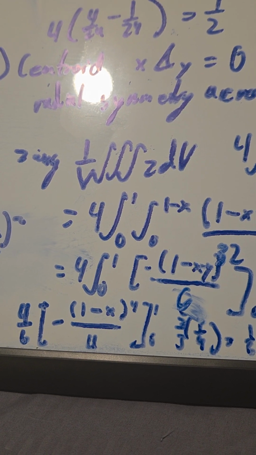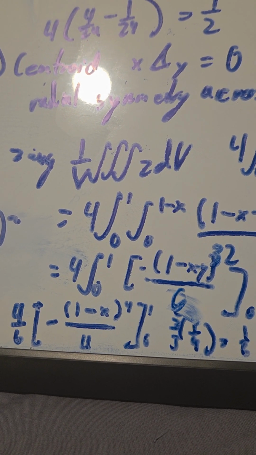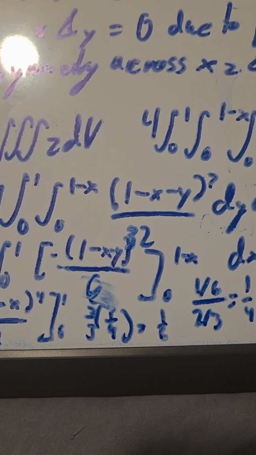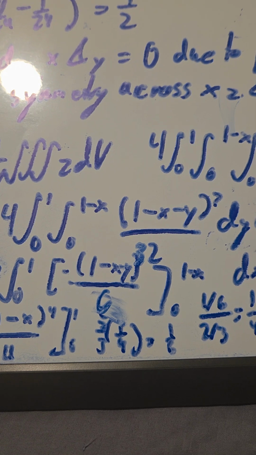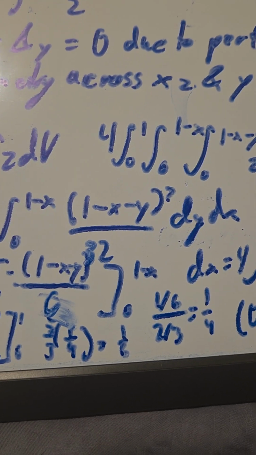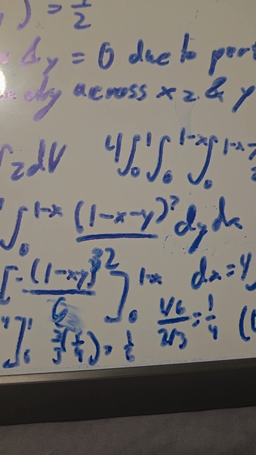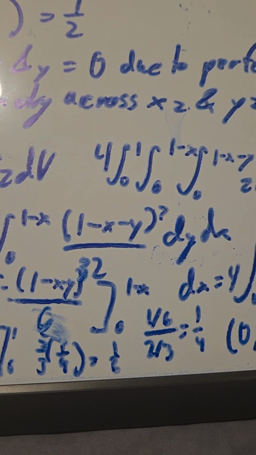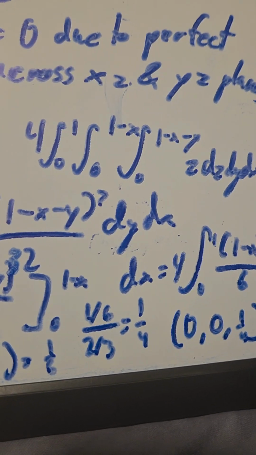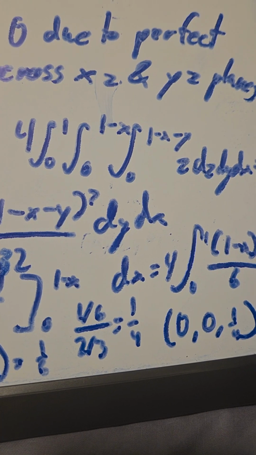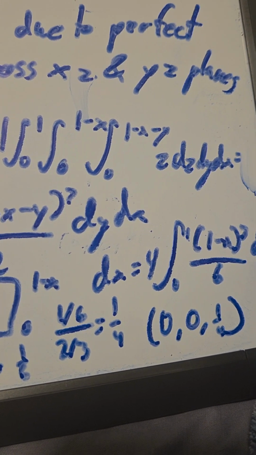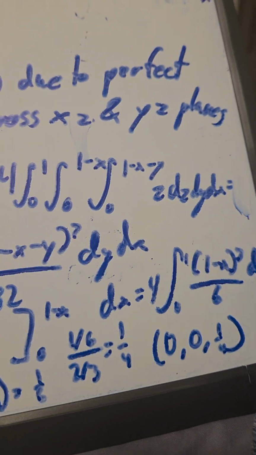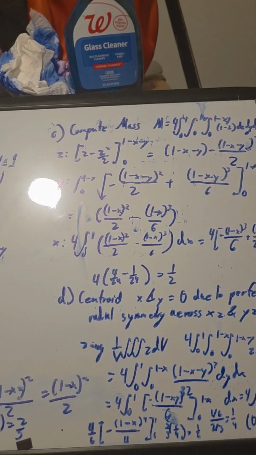But negative (1 minus x) to the 4th over 4, evaluated from 1 to 0, equals 2/3 times 1/4, which equals 1/6. So we take that z average and divide it by our volume, which is 2/3, and we get 1/4. So whereas x and y are both 0, our coordinates are 0, 0, and then our z coordinate is 1/4, giving us the centroid. All right.